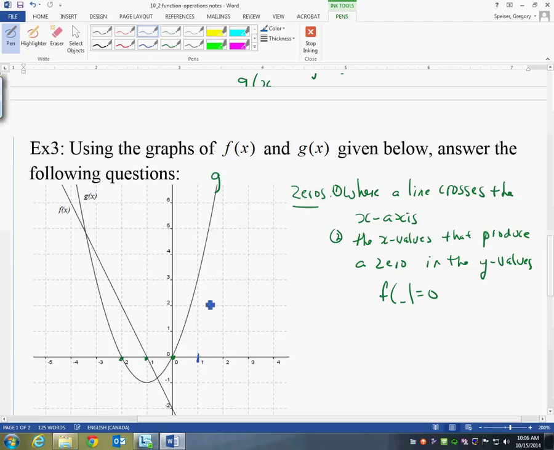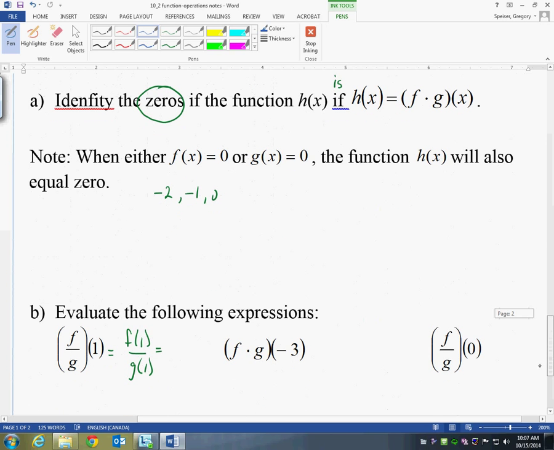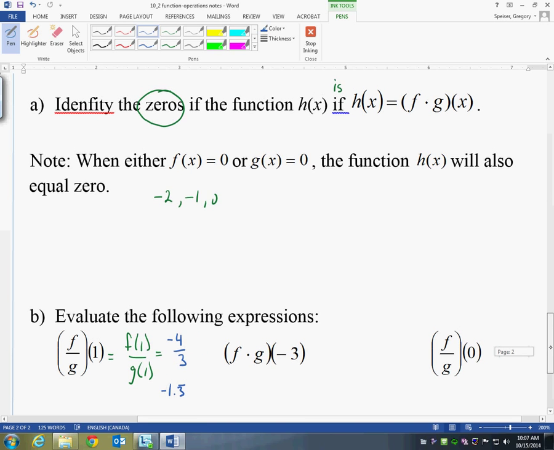My g value is equal to 3, so g at 1 is equal to 3. And over here, f at 1 is equal to negative 4. So it would be equal to negative 4 over 3. And we can just leave it like that. Negative 4 over 3 is a fun way to write it. You don't have to. I'd rather have that than negative 1.3 repeating. I kind of like it as a fraction, as a rational expression, rather than a decimal.